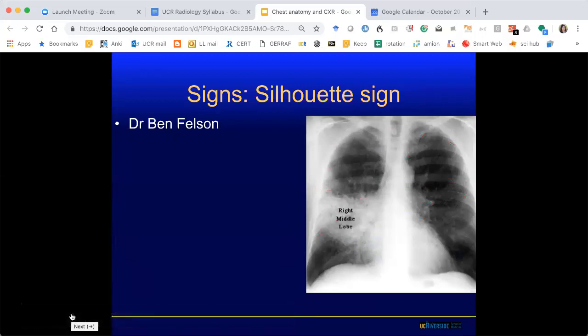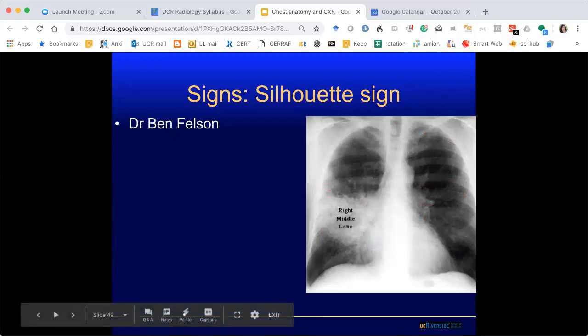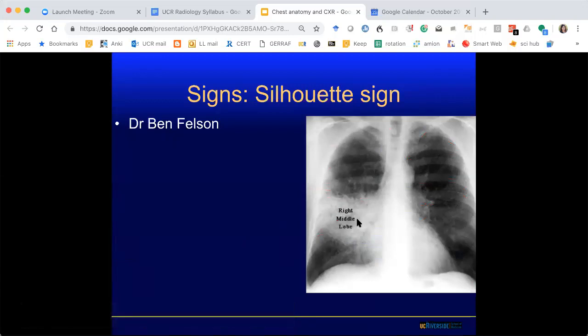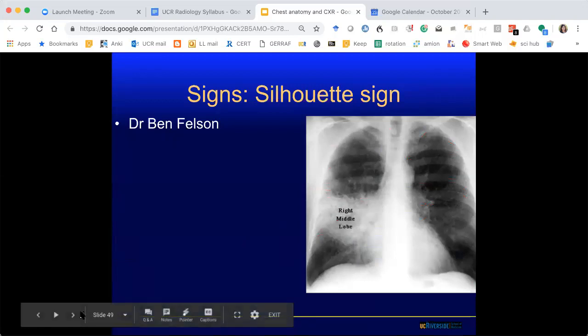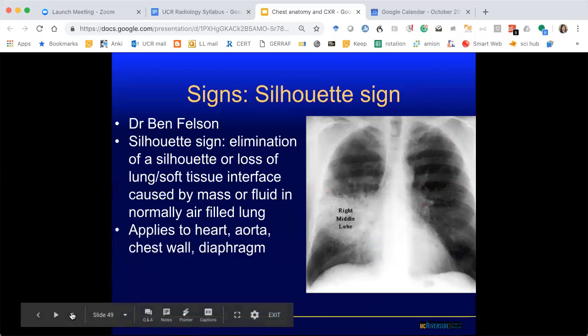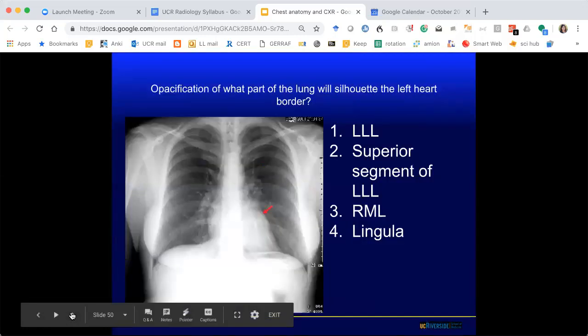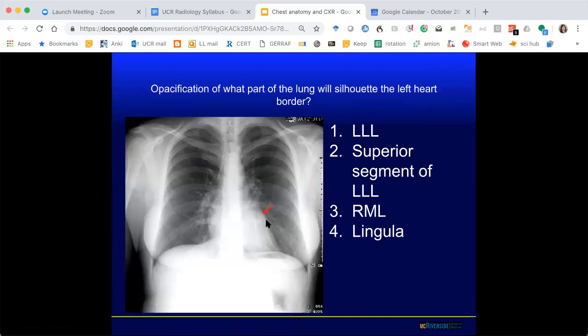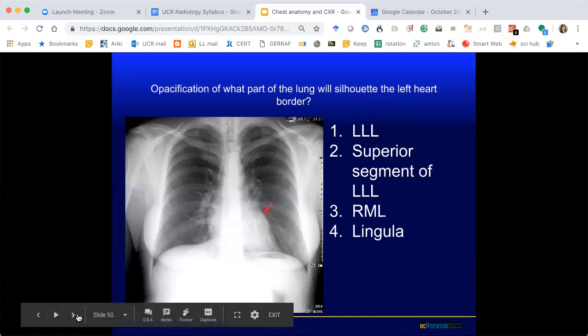Because the right heart border is gone, exactly. So that helps you localize the infiltrate to the right middle lobe. Here we have the left heart border, and similarly, it's the lingula that becomes obliterated, or this left heart border becomes obliterated if you have infiltrate in the lingula.